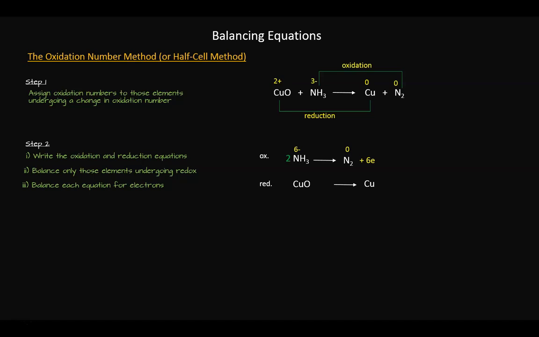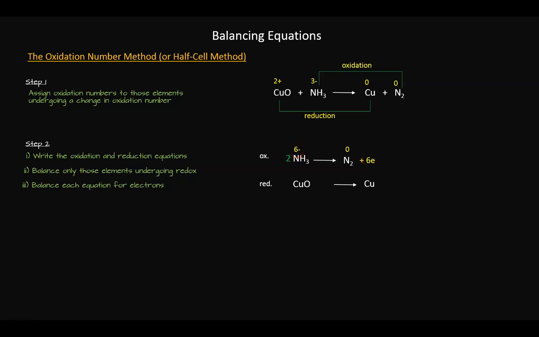By definition, oxidation is the loss of electrons, so each nitrogen atom here has lost 3 electrons to become 0. This half reaction is now balanced for charge, 6- on the left and 6- the electrons on the right.